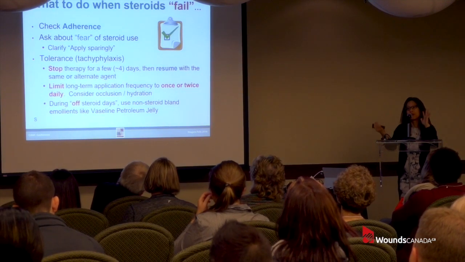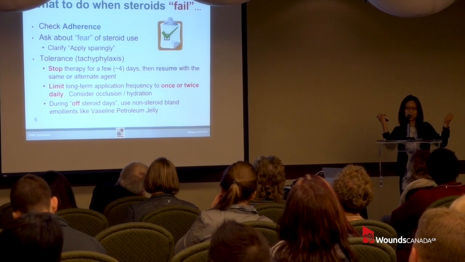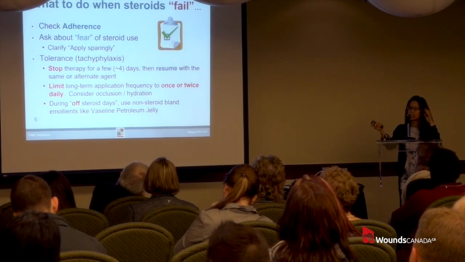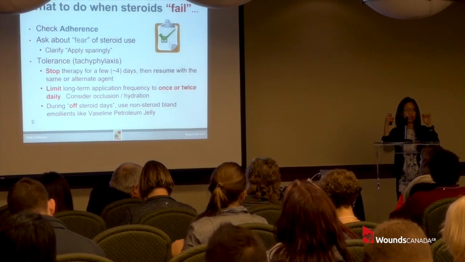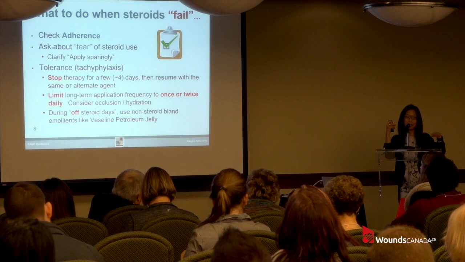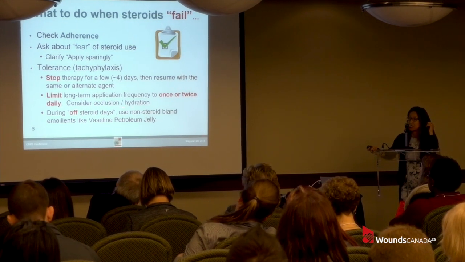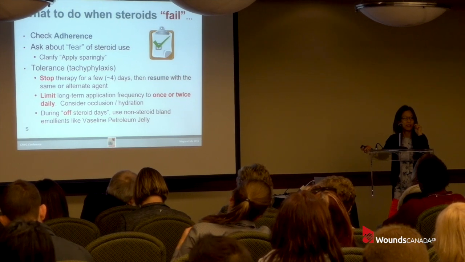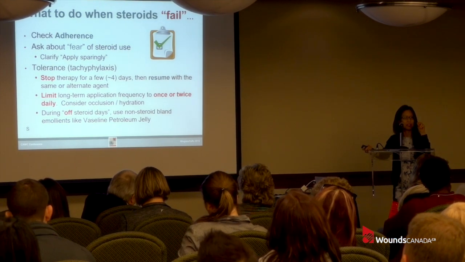On the off-steroid days you can apply the emollient as often as you want, and then back on 5 days on, 5 days off. But generally, if it's not responding after 2 or 3 cycles, I'd be reassessing that. Then you could consider occlusion if you really need to get it to work. Absolutely, especially in really thickened, hyperkeratinized areas.